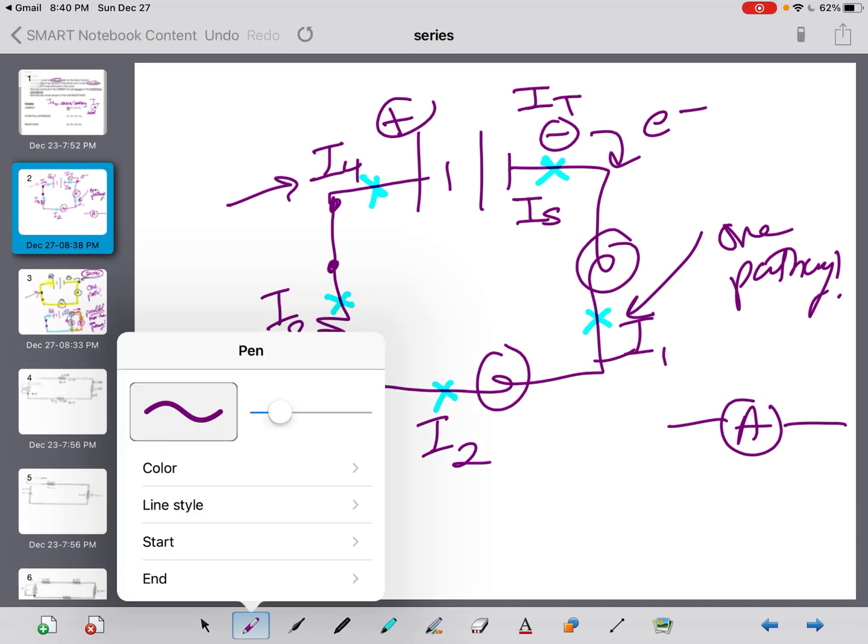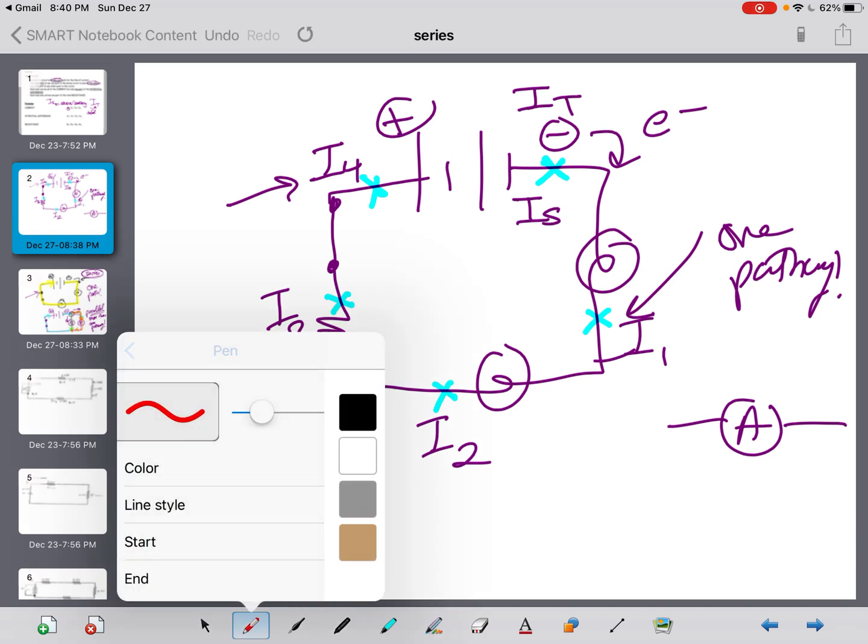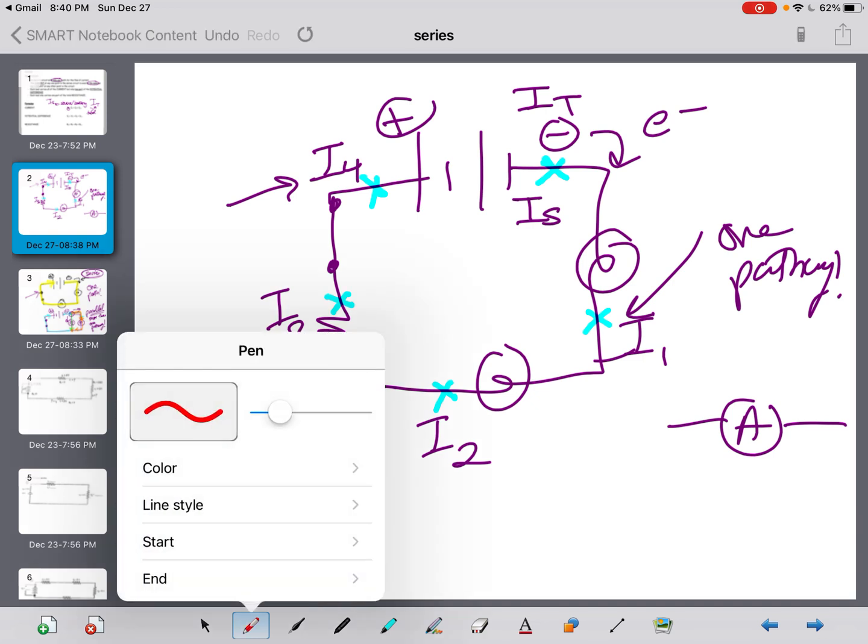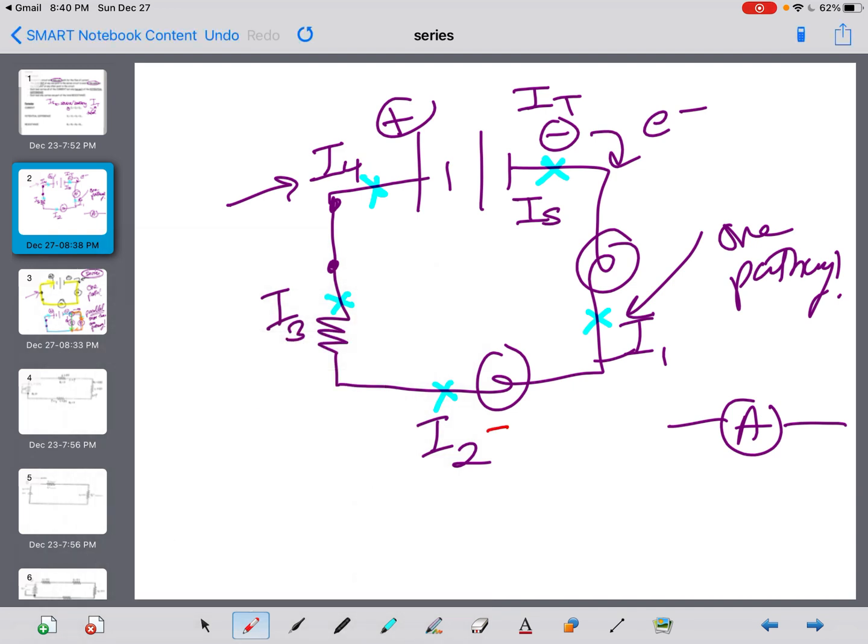So let's use a different color here. Let's use red. So let's say at I2, I hook up my ammeter and it reads 3.0 amps. As soon as you know one of them, all of them are exactly the same.